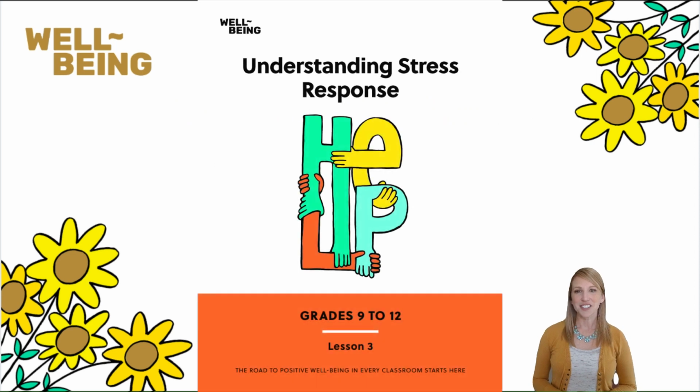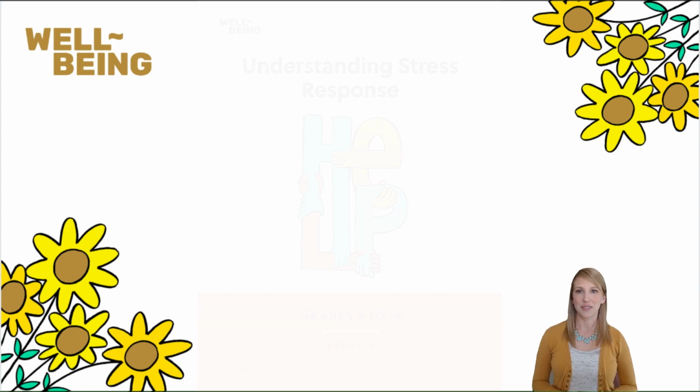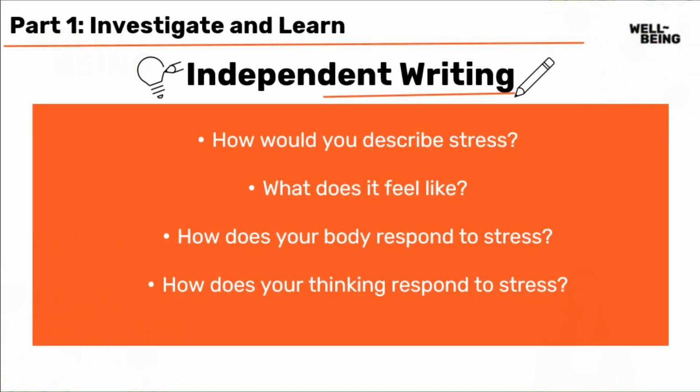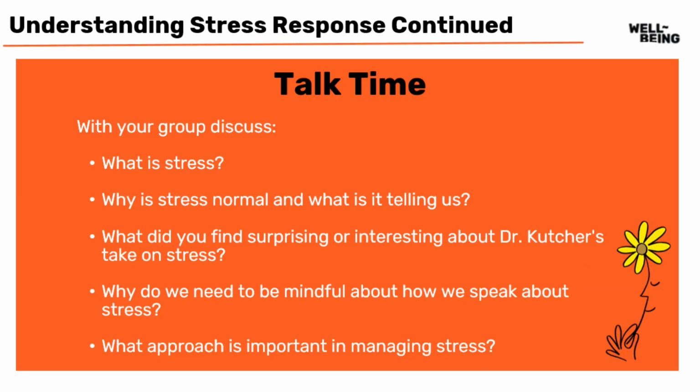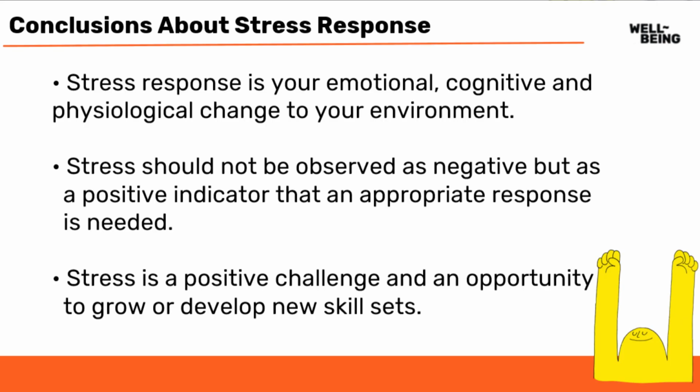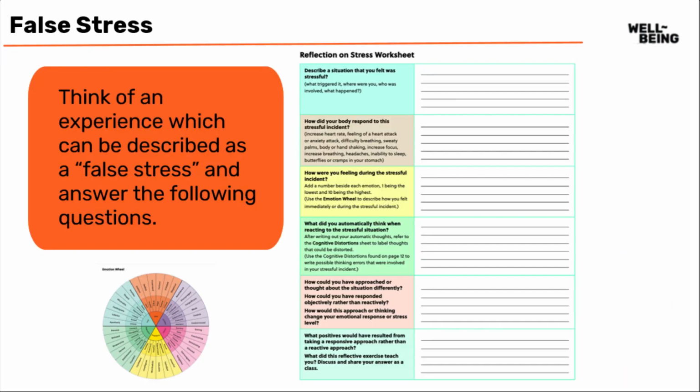Lesson 3, Understanding Stress Response, has students exploring the topic of stress under mental health literacy. As they reflect on different stressful situations, they will learn to positively approach a stressful incident by changing the way they think. As a final activity, students will create their personal coping skills toolbox.